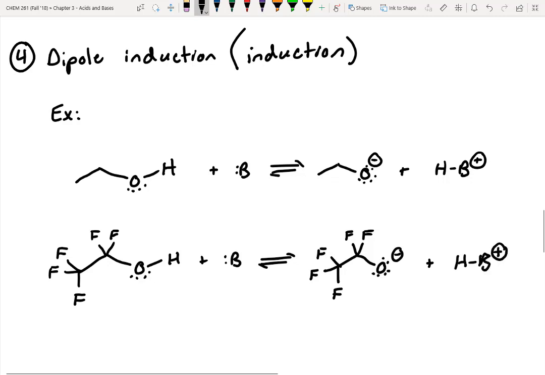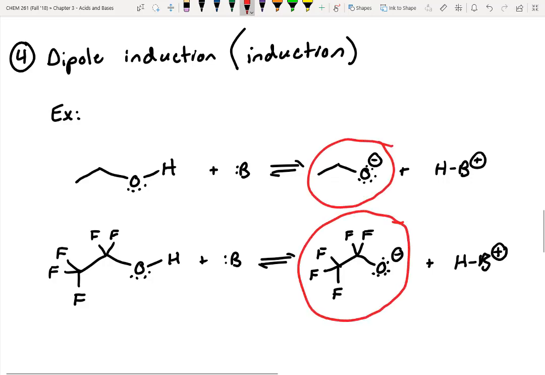The power of technology. All right. So if we look at each of these conjugate bases for the two competing reactions, we can go down the list and say, well, they have the same charge. Go down the list one more. When we look at the atom, the charge is on oxygen in both, so we're tied at the atom level.